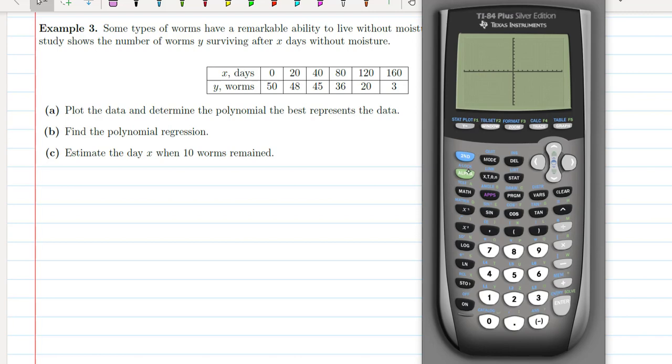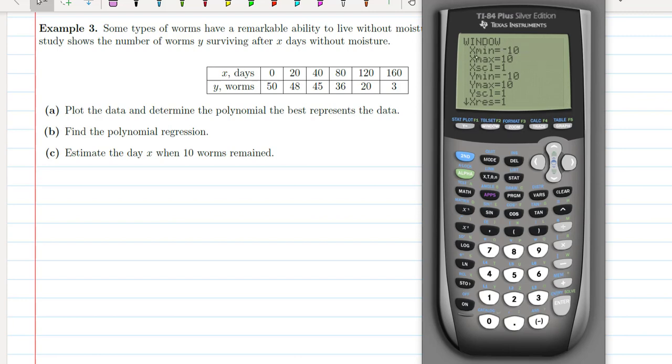First one is we need to turn our stats plots on. So we press second and y equals, and we go down to choice number 5 and choose plots on, press enter. So that's going to turn our scatter plot on. The next thing we're going to do is press window. And we need to change our x-min and our x-max.